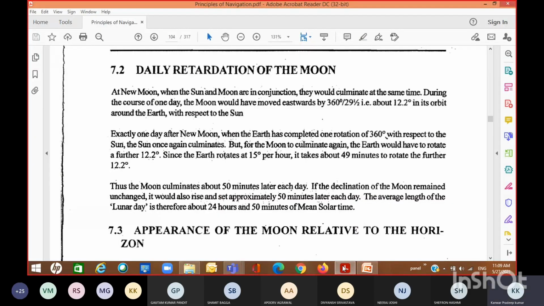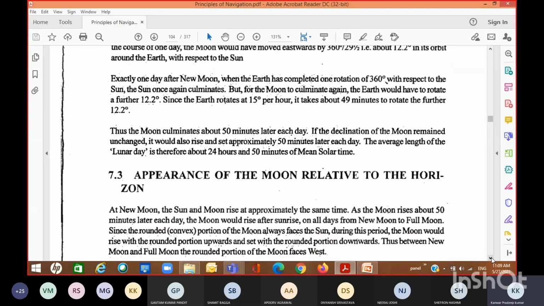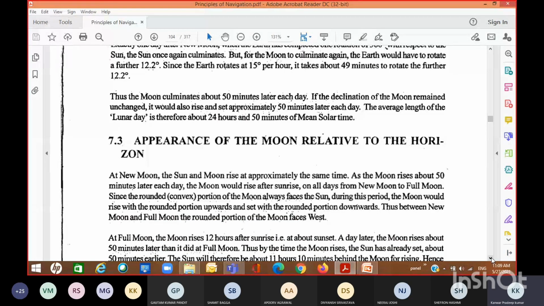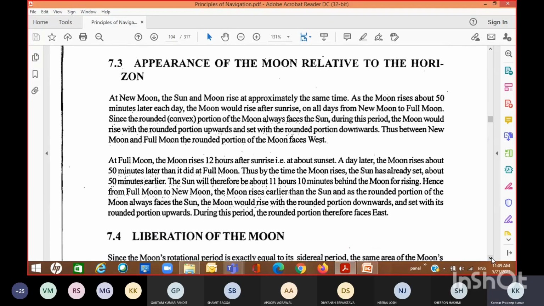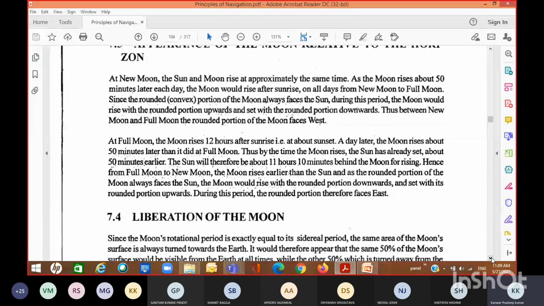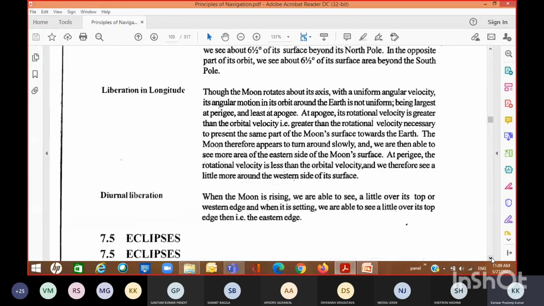Daily retardation of the moon I have done. Appearance of the moon relative to the horizon, I have told you to have a look. Which side is the curve, which side is the concave side, which side is the convex side. Every day you watch and observe. The libration of the moon I will do tomorrow, and then eclipses I will do tomorrow.